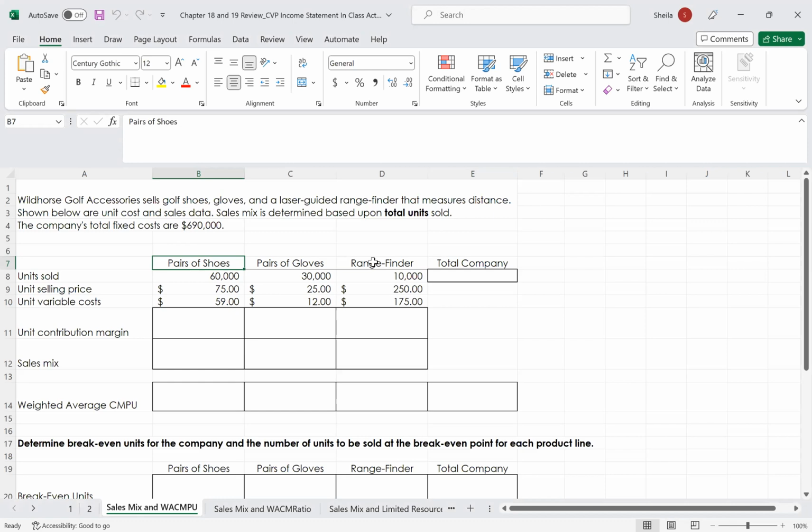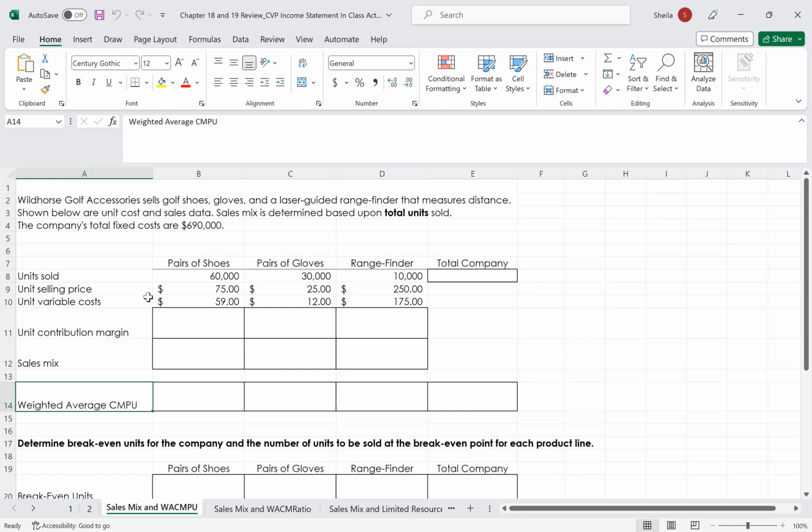So the idea is we can calculate our contribution margin for each individual item, but unless we convert it to a weighted average, we can't utilize concepts such as break even and target net income and even margin of safety without thinking about the company as a whole.